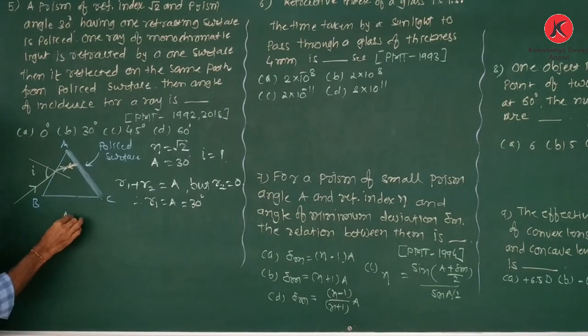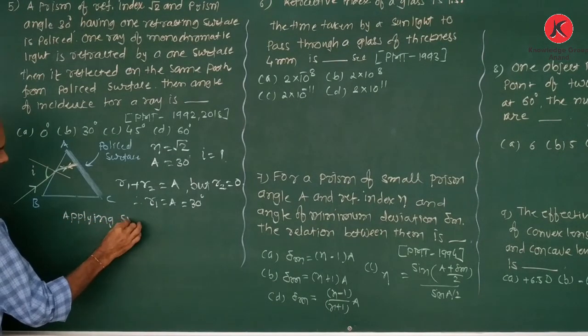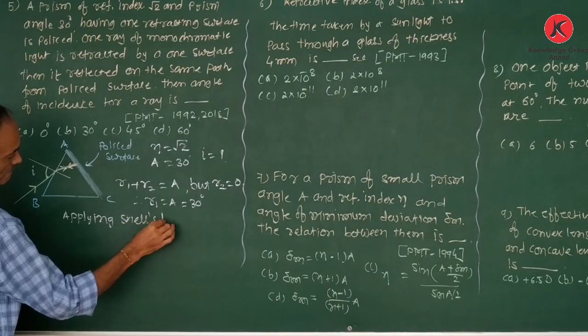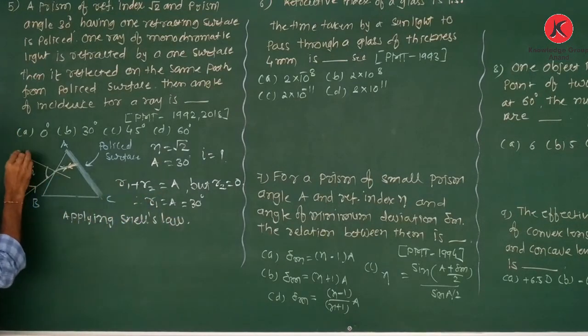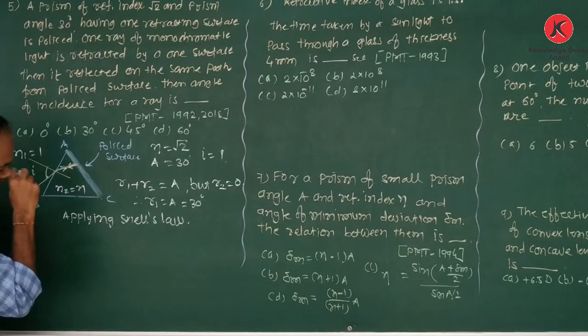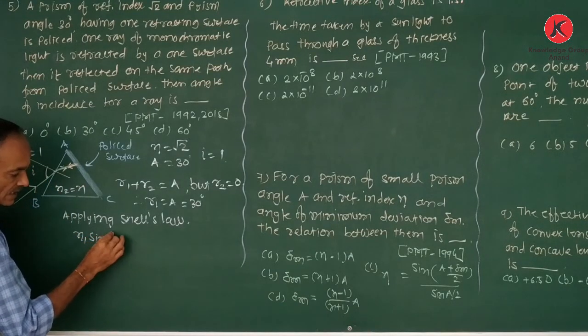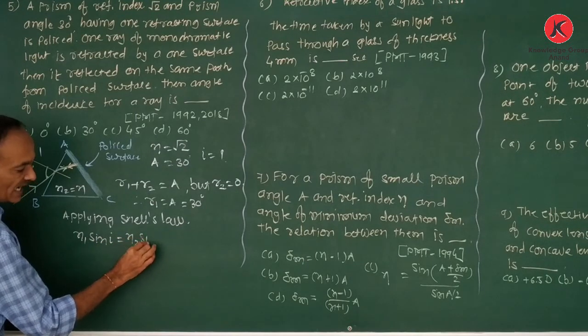Now, applying Snell's law, here the refractive index n1 is equal to 1, here n2 is equal to n, and n is given as root 2. Now n1 sine I is equal to n2 sine I1.